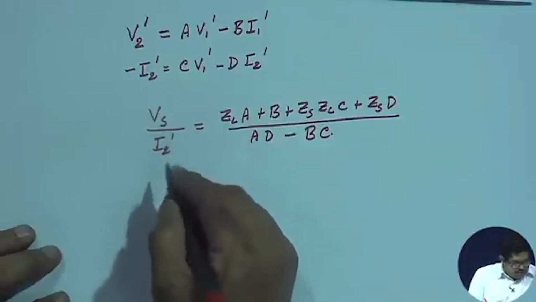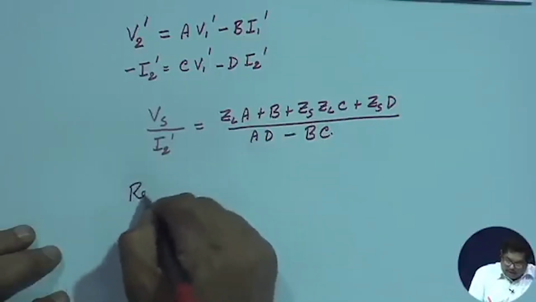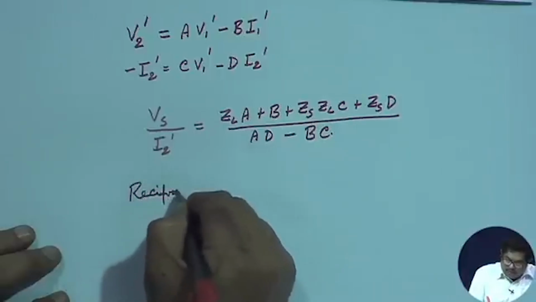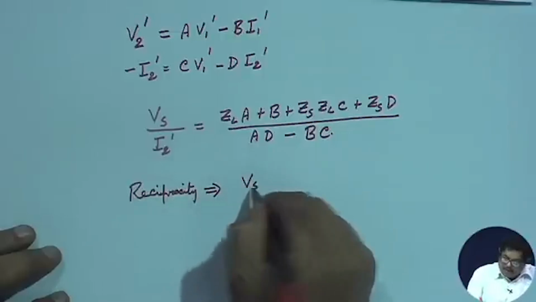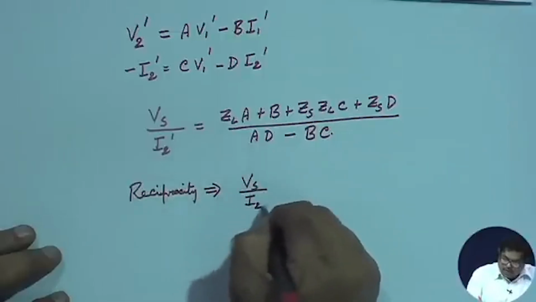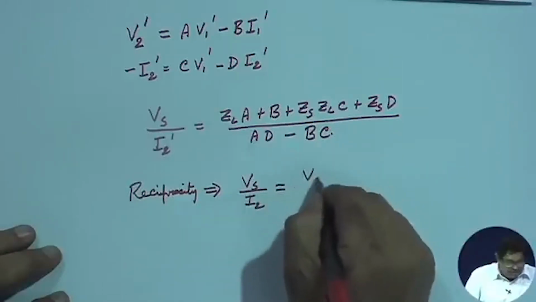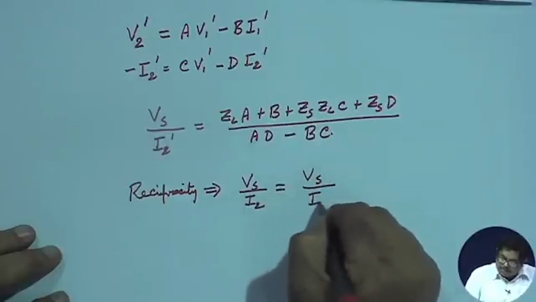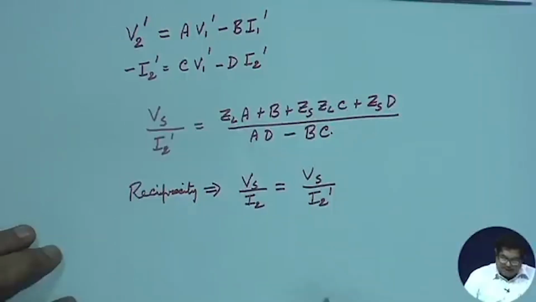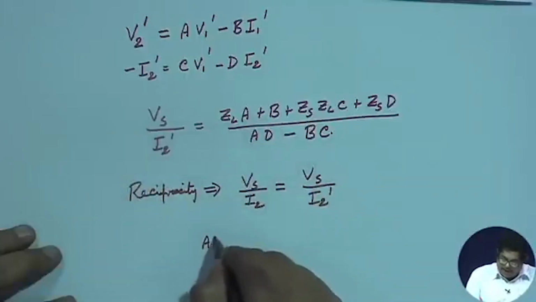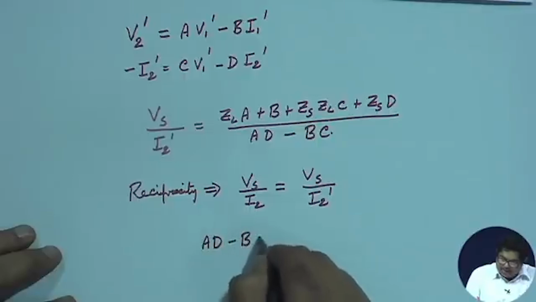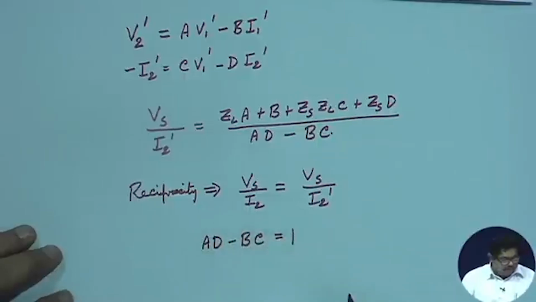So, they should be equal. Reciprocity implies Vs by I2 in the first case should be equal to Vs by I2 dashed in the second case. If you do that, you will get the relation AD minus BC is equal to 1.